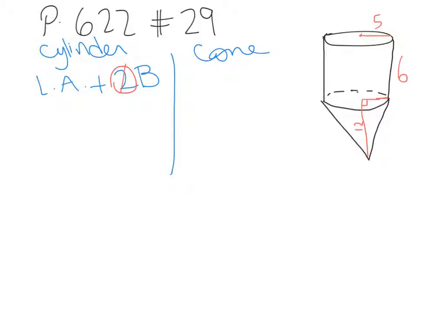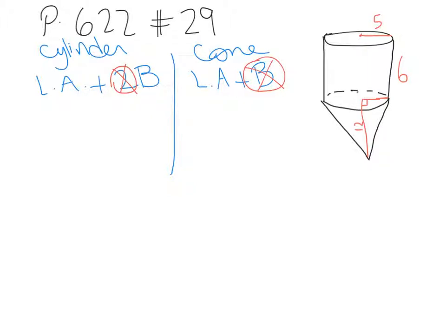But we agreed that one of the bases is covered, so I'm not going to work with both of them, just going to work with one. The surface area of the cone is the lateral area plus 1 base. But again, we're not going to work with that base of the cone because it's covered. So to calculate the surface area, I'm just writing the formulas for them first.